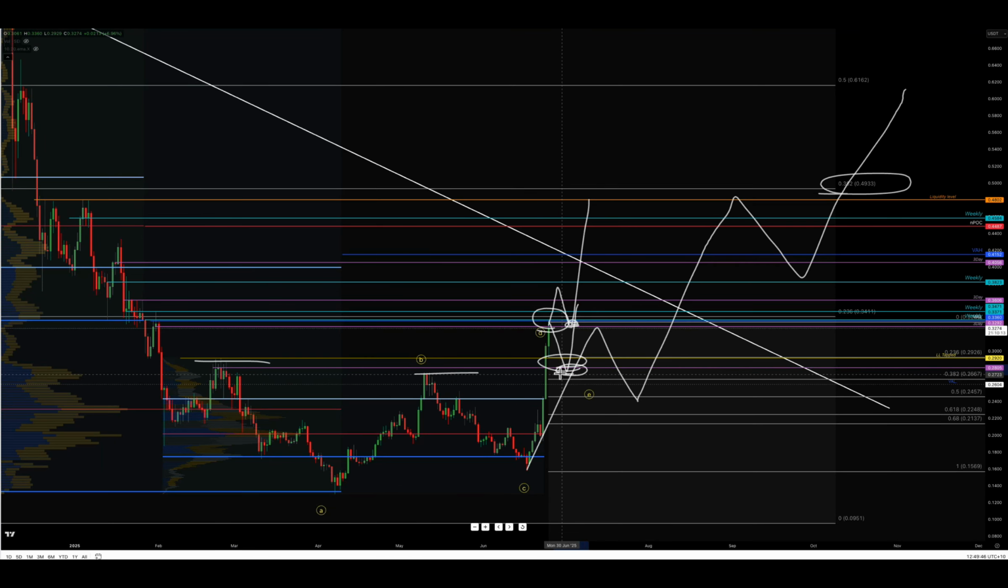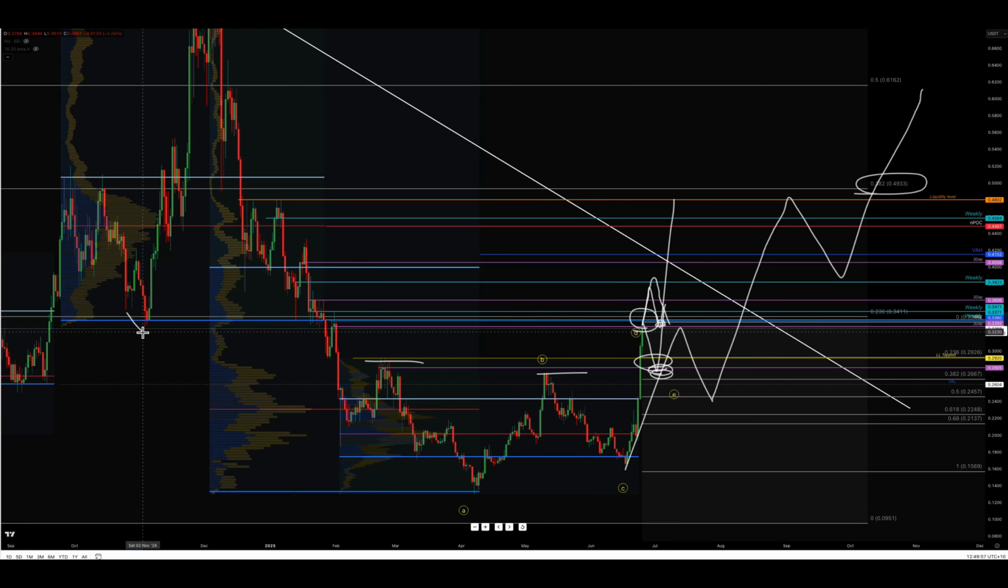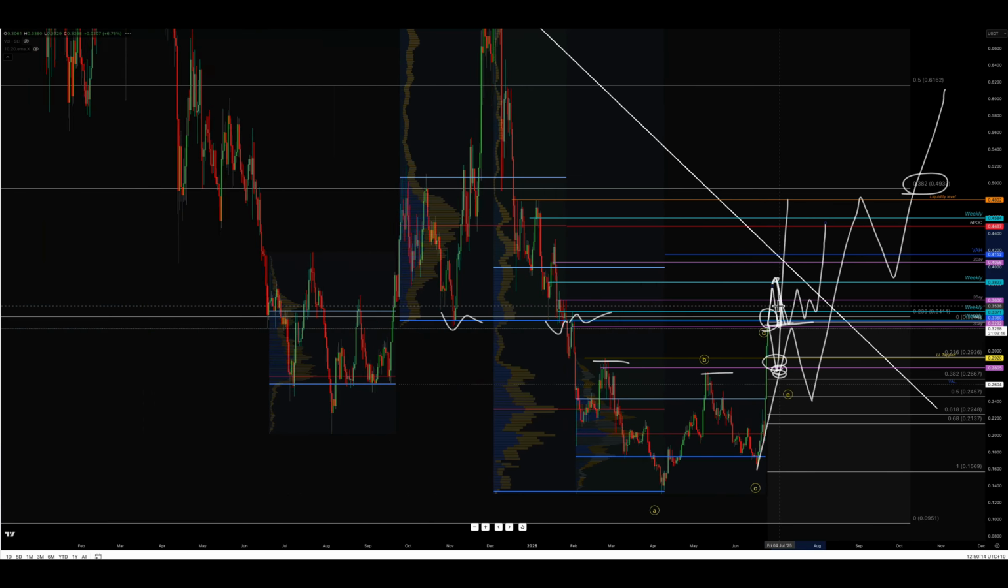So this level I'm interested in for a pullback for long, or we look for a long, let it continue, look for a pullback, and that will be a nice level with previous support, resistance. This might just act as support because of the weekly and the value area low. So we'll let it go, hit that weekly level, maybe look for a short, and then come down, look for another accumulation, move up. I'm going to leave that, guys.